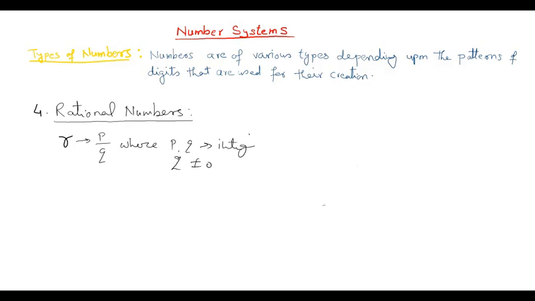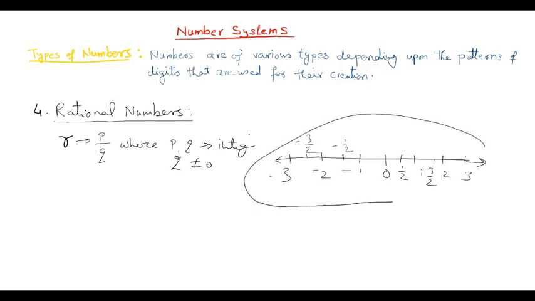So if we show these numbers on the number line, let's say if we include these fractions, like half, 3 by 2, minus half, minus 3 by 2, now these become the rational numbers.